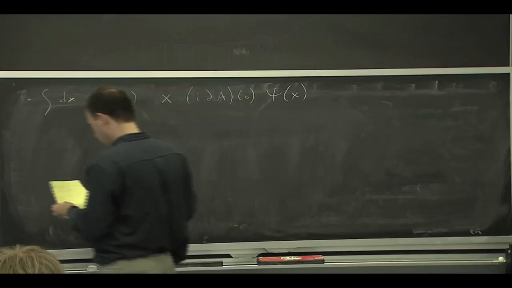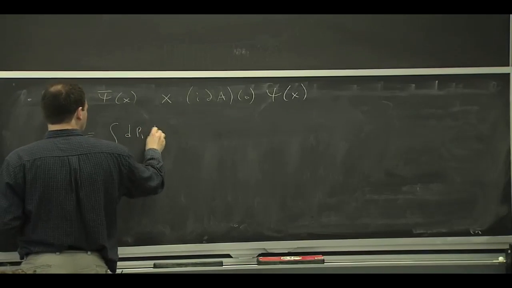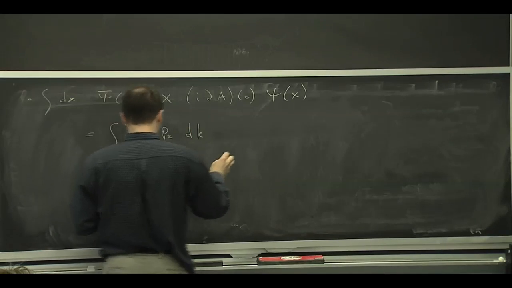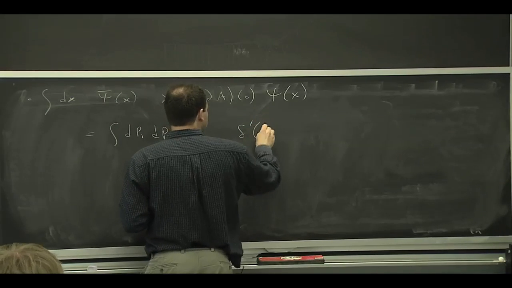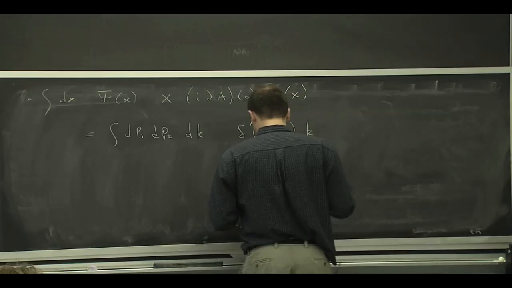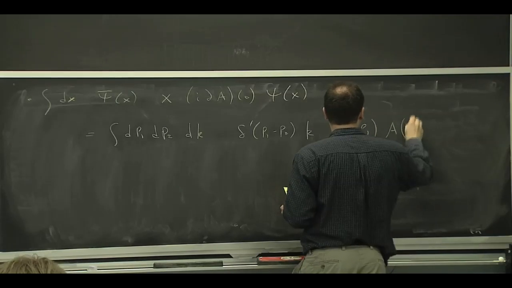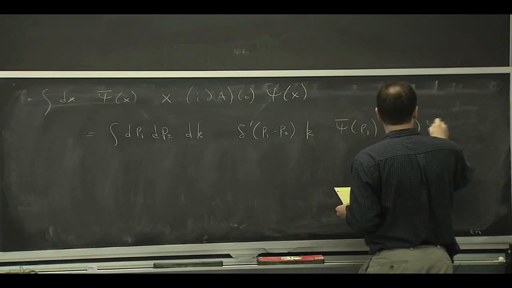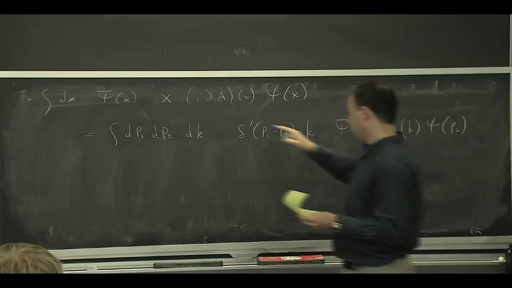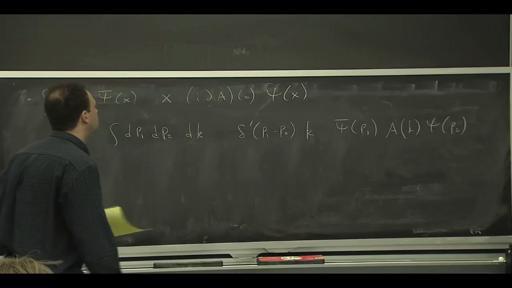And if you do the same thing, Fourier transform this, you can work out that you get the following. Okay, so the derivative here on the coordinate becomes a k, momentum.